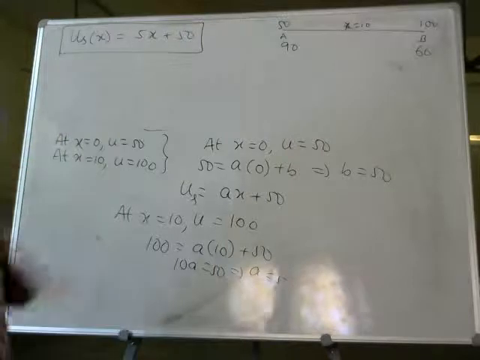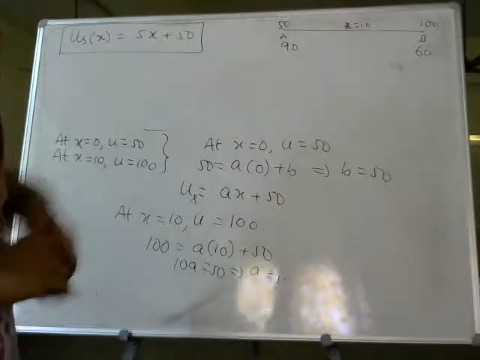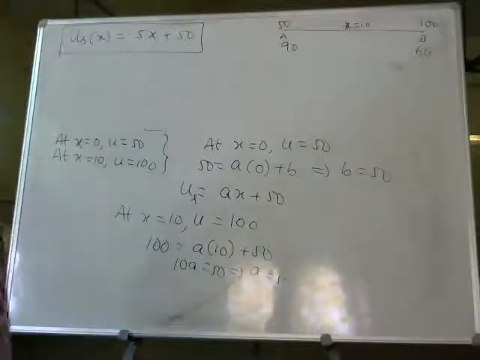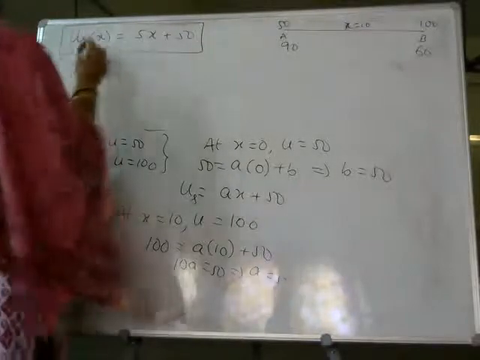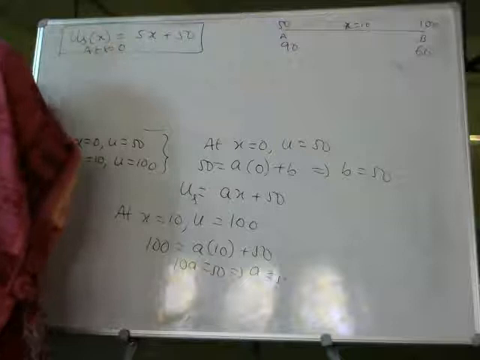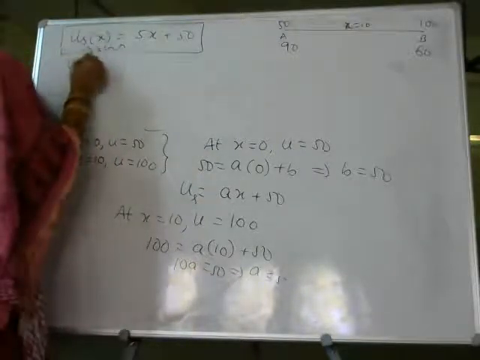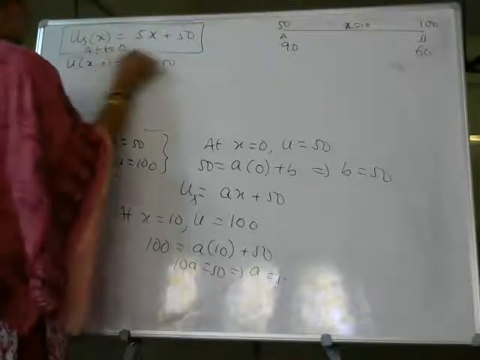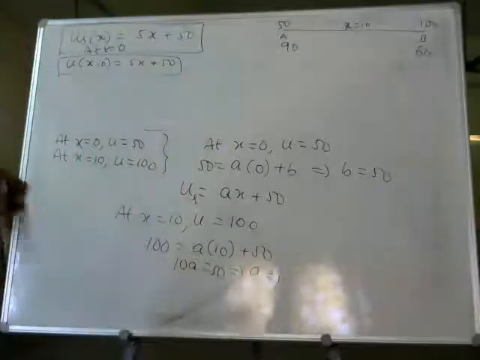Now, what do we write here, at what time? This is at t is equal to 0. So we can write it as u at x comma 0 is equal to 5x plus 50. We take it as the initial value.